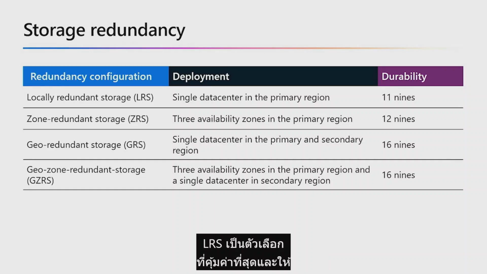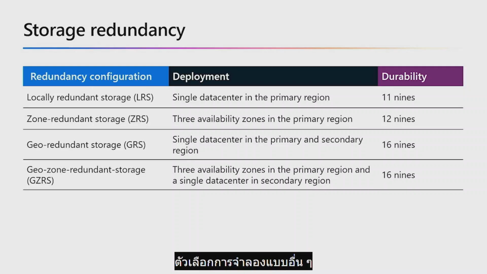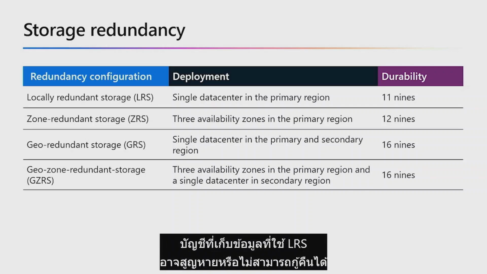LRS is the most cost-effective option and provides the lowest redundancy level compared to other replication choices. While LRS protects your data against server and disk rack failures, in the event of a data center disaster, such as a fire or a flood, all replicas of the storage account using LRS might be lost or not recoverable.